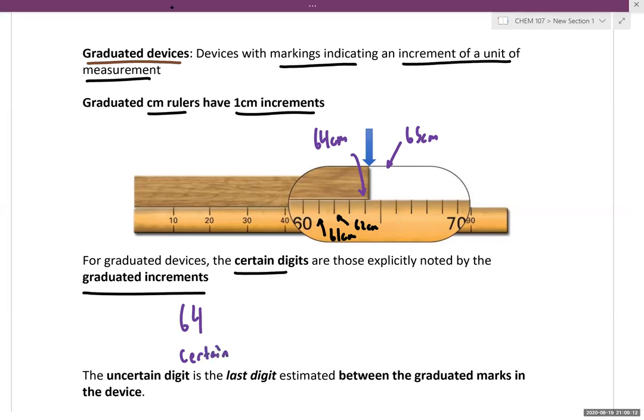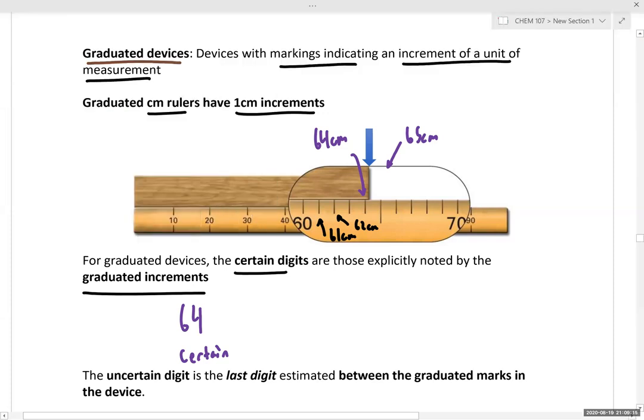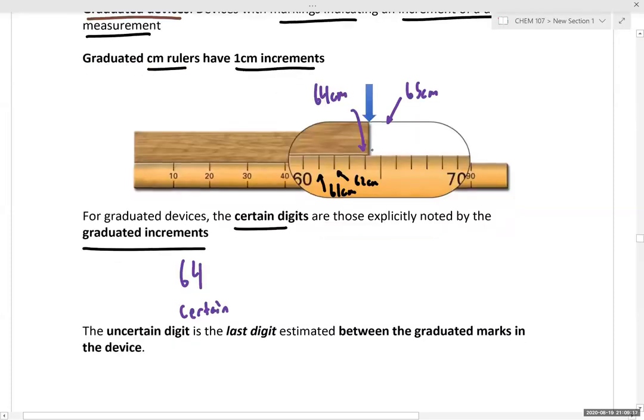Now, in addition to our certain digits, we can also estimate 1 additional digit between our tick marks. So if each of these marks represents 1 centimeter, we can estimate 1 additional decimal place, 1 additional digit. Would someone like to propose what we estimate this wood block to be? If it's between 64 and 65, I noticed in the chat someone said 64.2 centimeters.